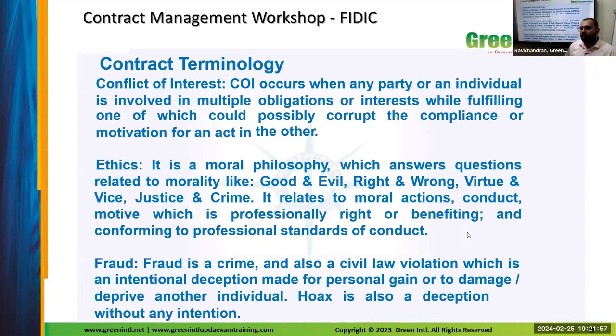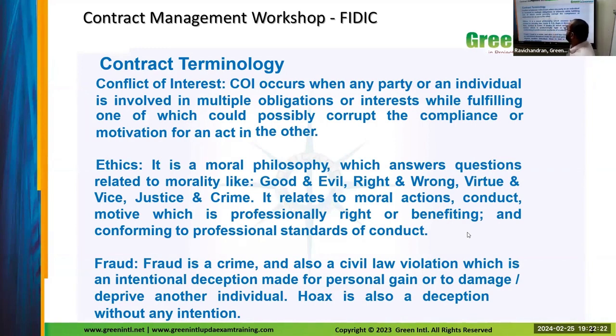If he is awarding that contract to the other party, then it becomes a conflict of interest, because the person or the committee who is awarding the contract already has some shares in the other party who is getting the project. So it's like favoring that other party. Then it becomes a conflict of interest.